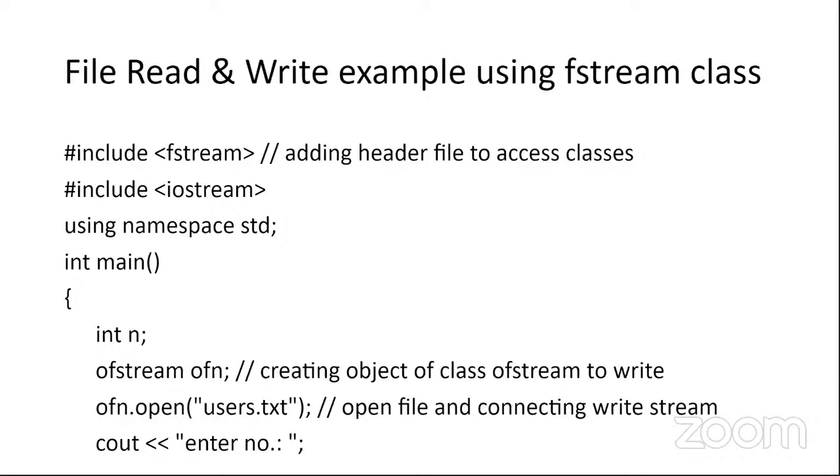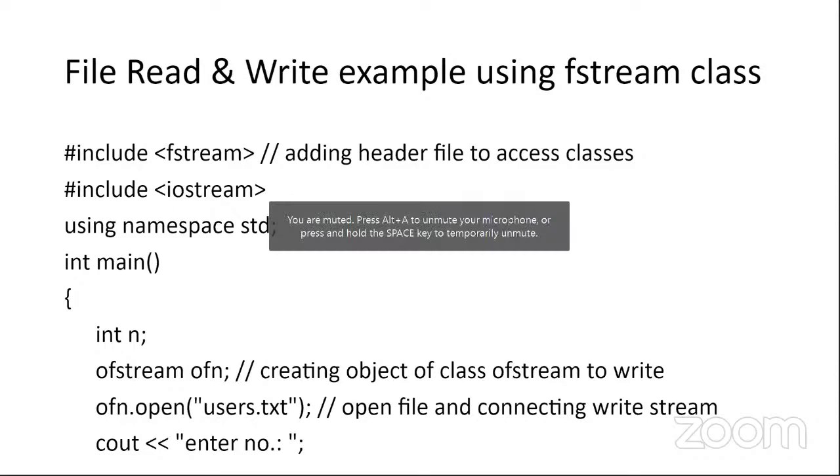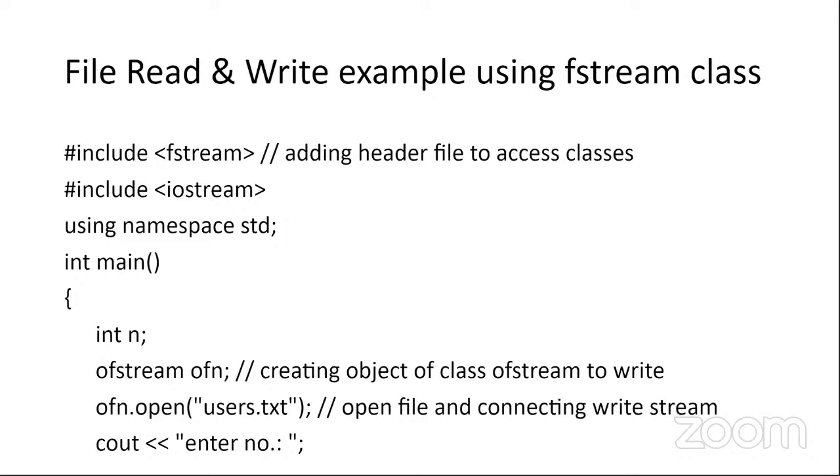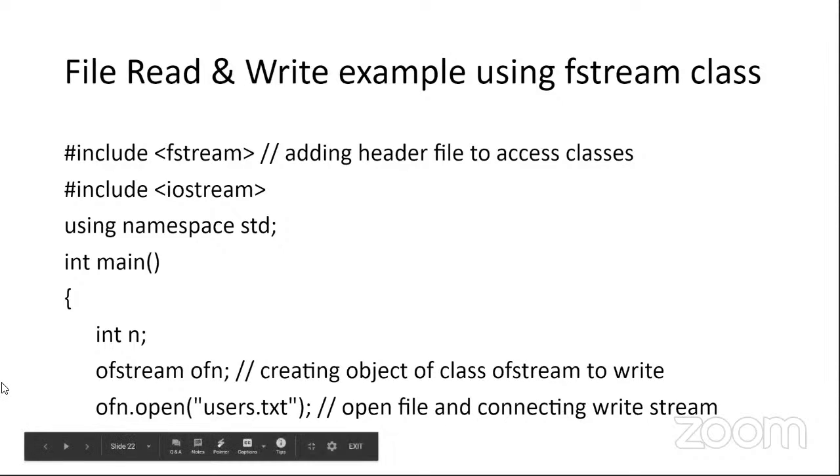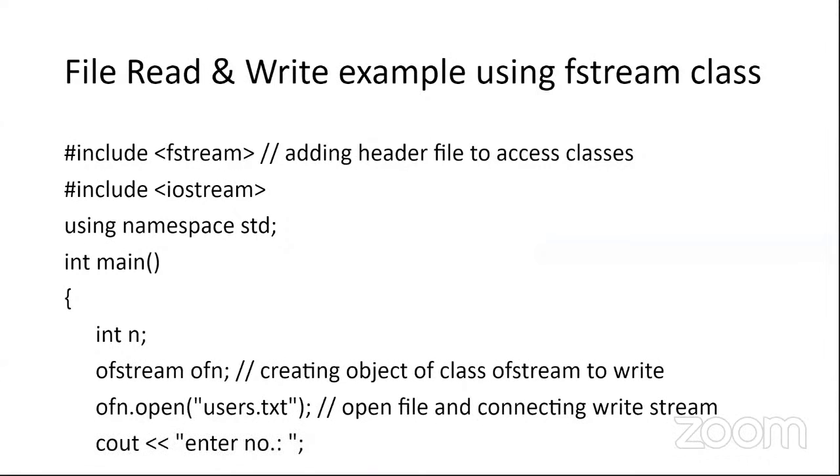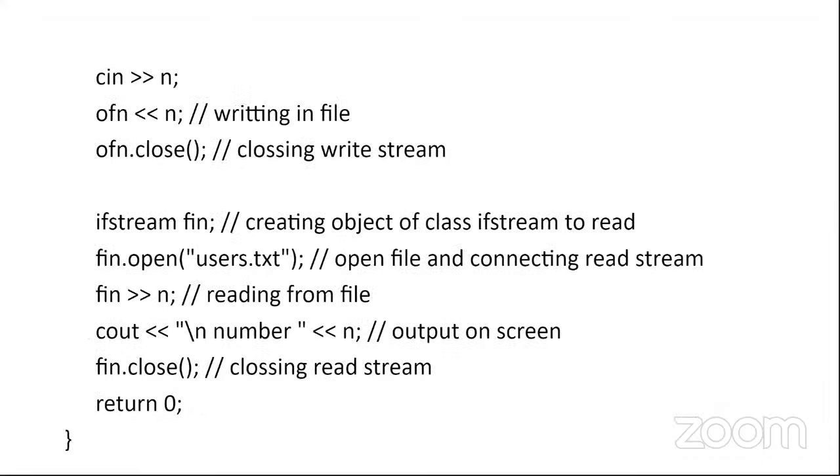Then we use the open function with this object ofn which we created, and give our file name here, opening the file and connecting the write stream to the file. Then we show the user a message to enter a number, and then next slide.